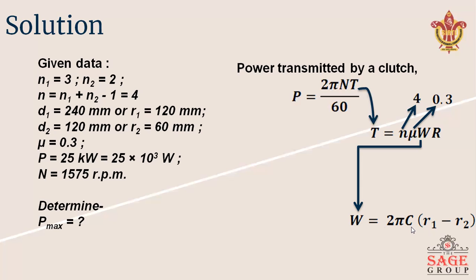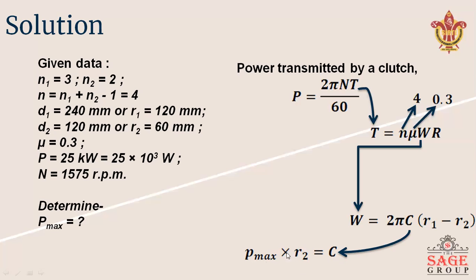In the question, the uniform wear theory is given. So according to the uniform wear theory, P max into R2 is equal to C. This is constant. We have to calculate the value of P max, and R2 is given.